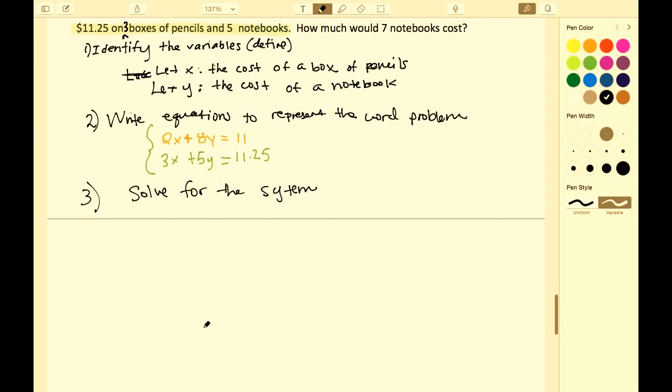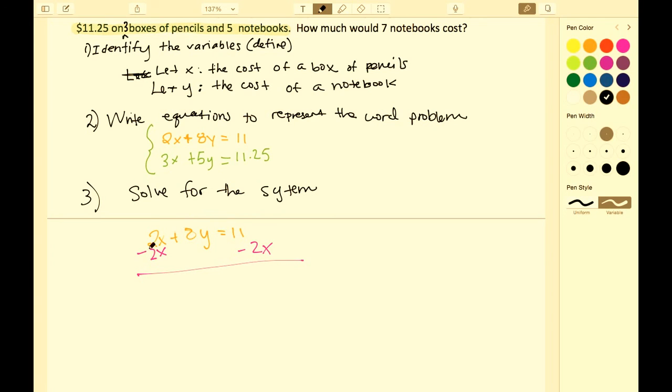Because none of my variables are isolated, I have to isolate one of my variables. So I'm going to take the first equation, 2x plus 8y equals 11, and isolate y by getting it by itself. So I'm going to subtract 2x. It doesn't really matter whether you isolate x or isolate y.